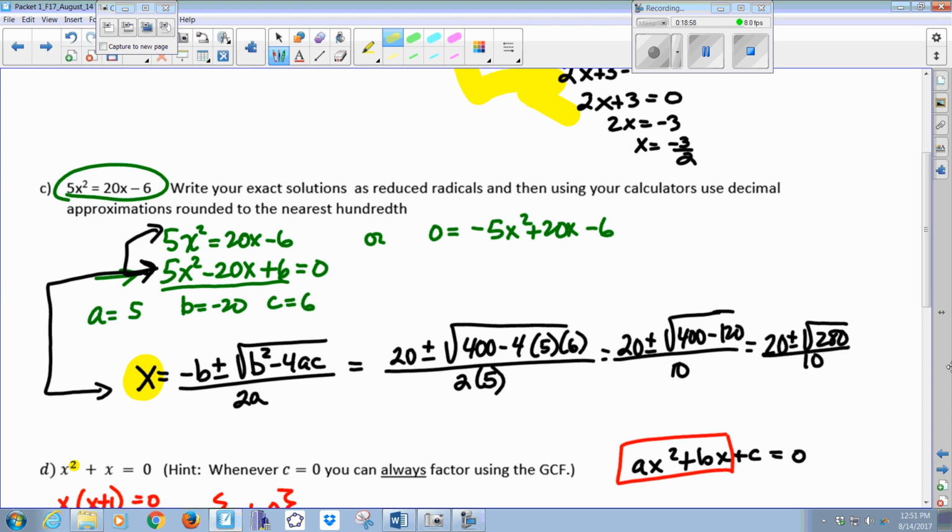And so to simplify this radical, I need to find a factor, a number that divides it, that's a perfect square. So on the side of my paper, I have a quick list of my perfect squares, maybe up to 100, just to look at.